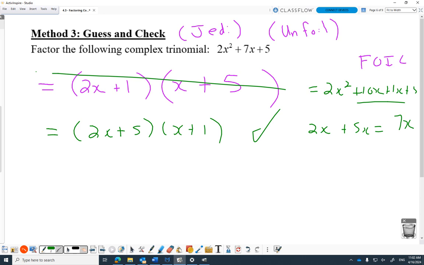Big numbers could be a problem. When it was 2x squared, I already had a head start. If someone came out with one that was 12x squared, you might have to do a lot of tries before you get it. So you're going to have to decide. So here's the warning label. What kind of sign should I put on this? This would be my warning.